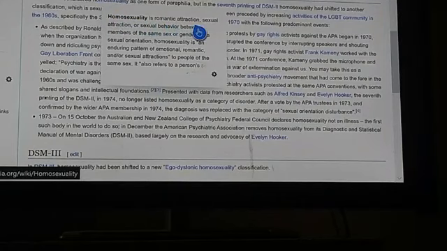Homosexuality is a romantic attraction, sexual attraction, or sexual behavior between members of the same sex or gender. As a sexual orientation, homosexuality is an enduring pattern of emotional, romantic, and or sexual attractions to people of the same sex.